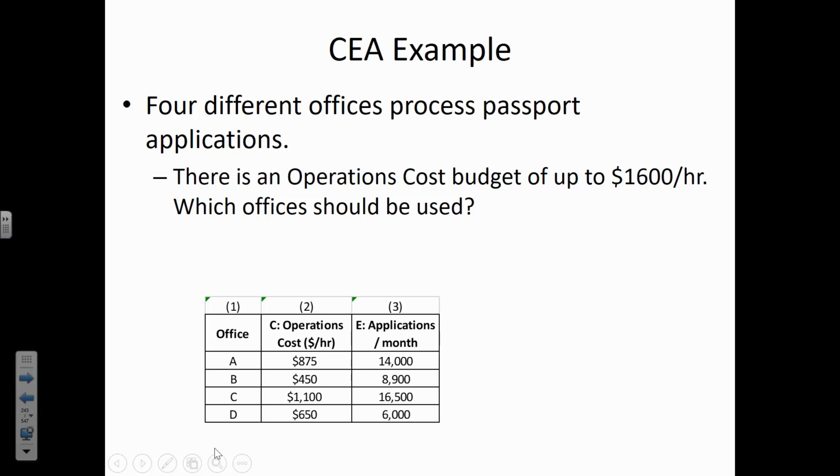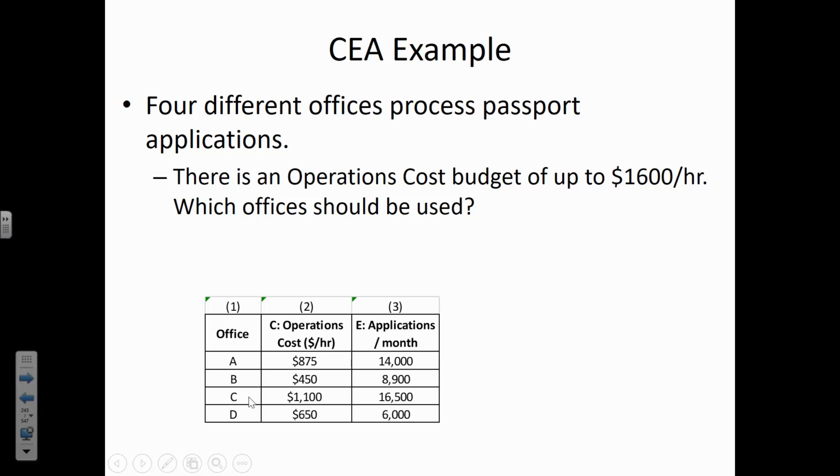And so the costs can be quantified in dollar terms. But instead of having the benefits, what we are measuring is the productivity of each office. And if the office exists to process passport applications, then the natural thing to do is to look at how many passport applications per month each office is able to generate.